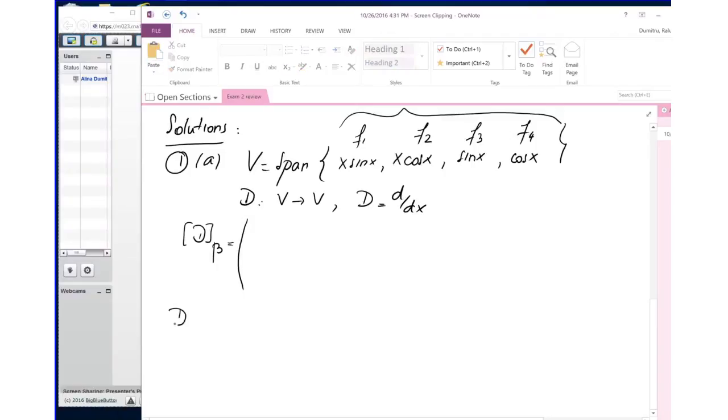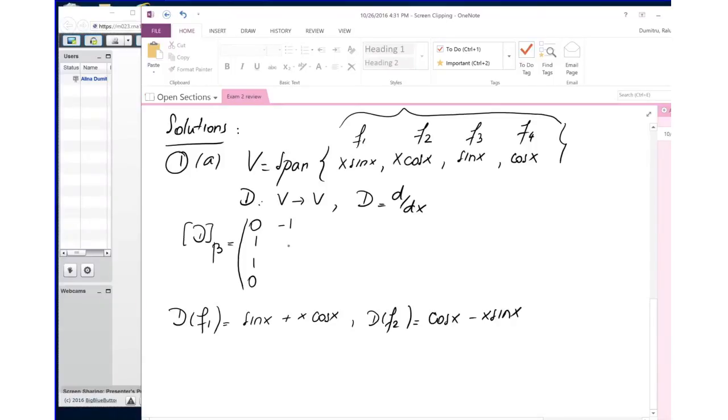So you have to start applying D to each of the 4 functions. So D of f1, that's the derivative of f1, so product rule gives sine x plus x cosine x. So what's the first column? 0, 1, 1, 0. Right? F2, derivative is cosine x minus x sine x.